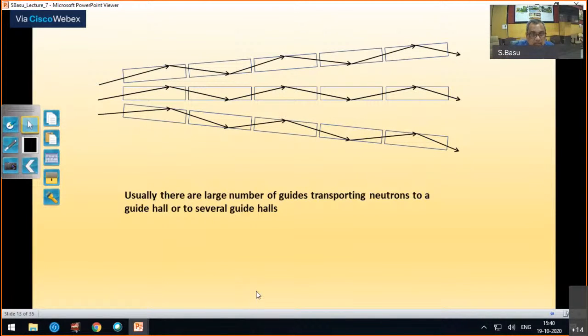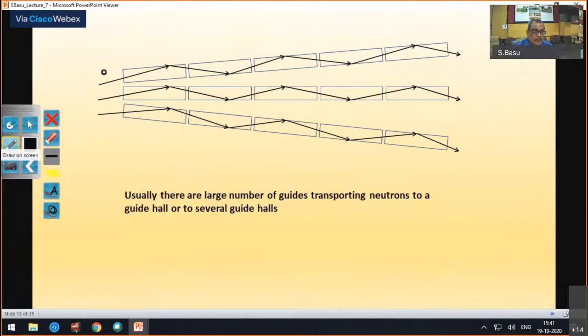This is another schematic. While you saw those huge monochromator drums covering the face of one beam hole, another monochromator drum can come only at a distance of typically 2 meters. But if you consider a beam hole of 100 millimeter diameter, then you can put a number of guides in this 100 millimeter, and then you take them diverging out.